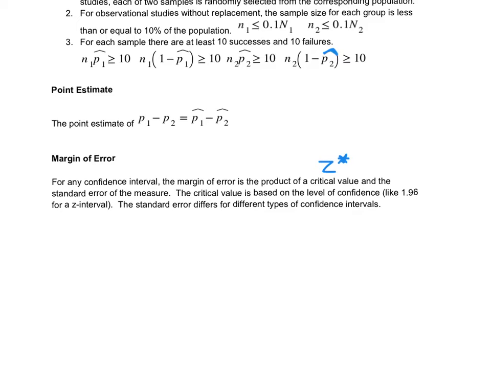It's based on the level of confidence: 1.96 for a confidence level of 95%. Remember, it's 1.645 for a confidence level of 90%. It's 2.575 for a confidence level of 99%. Those are your three common ones.